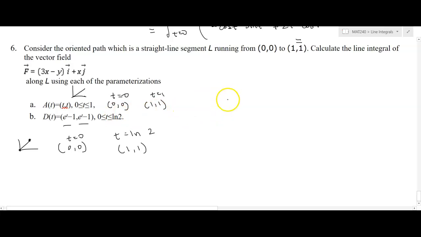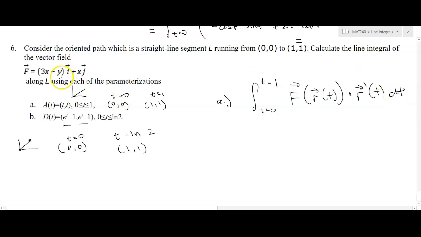For the first parameterization, if we compute the line integral, so for part A, from t equals 0 to t equals 1 of F evaluated at our position r of t, multiplied by the derivative of the position vector. So I see that my force is 3 times the x minus the y, and x and y are both t.